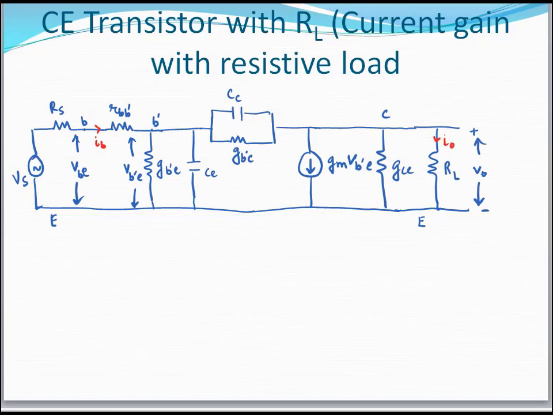So this is the hybrid pi model for the common emitter transistor with load resistance, with resistive load.